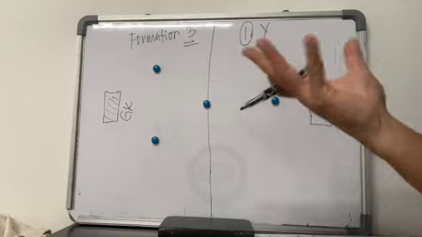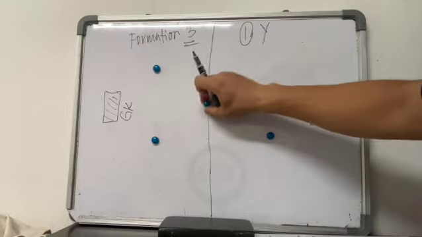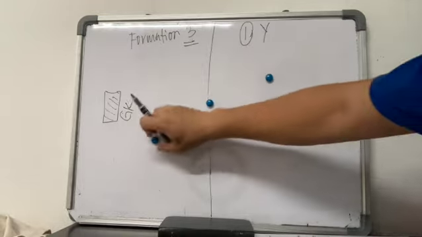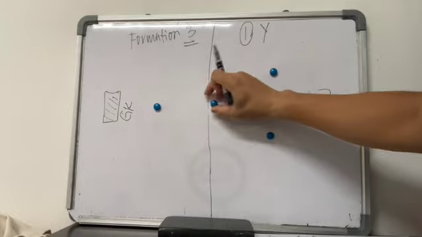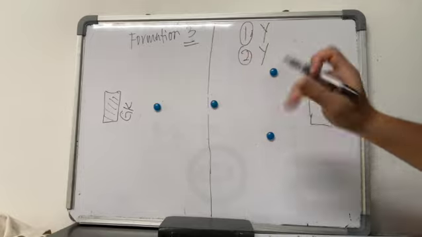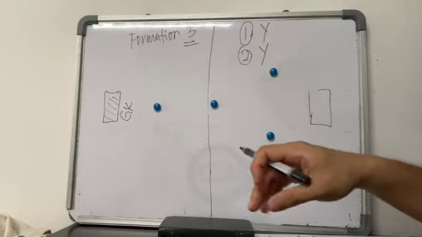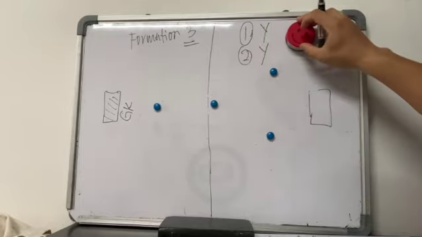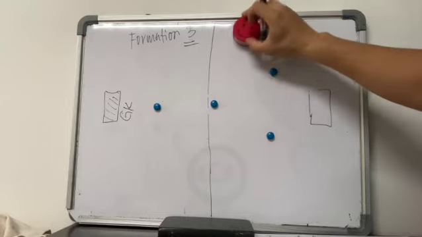This is just my terminology. And when I utilize the 2 forwards Y formation, I'll call it 2Y because again, 2 forwards, and that is the way I use it on my teams whenever I utilize this formation.